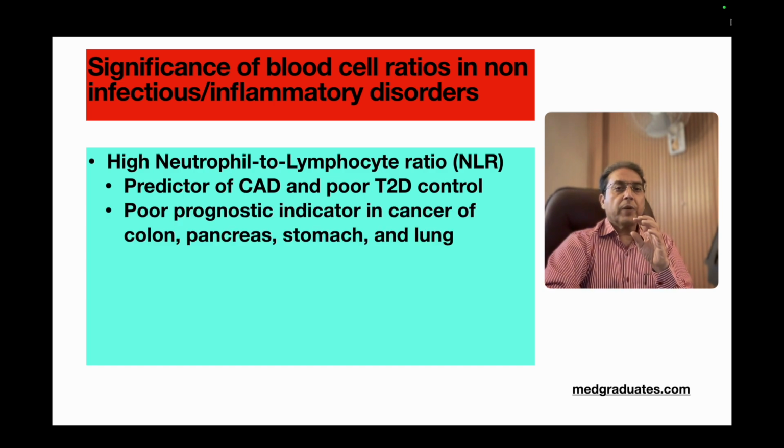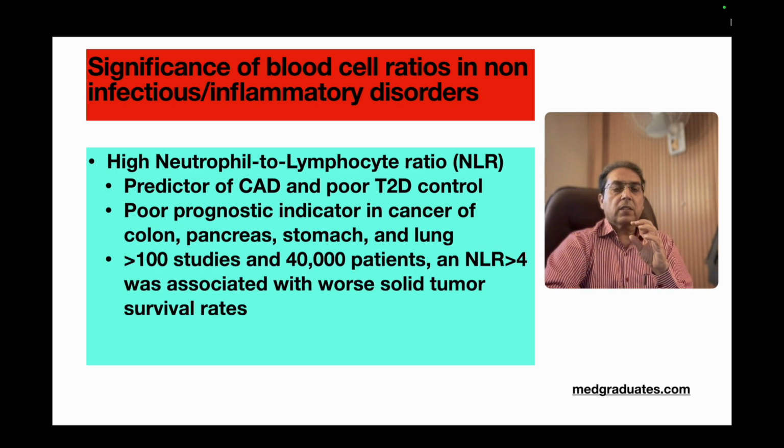Similarly, this high ratio may be a prognostic indicator in cancers of the colon, pancreas, stomach, and lung. In studies, an NLR of greater than 4 was associated with a worse solid tumor survival rate. So you see, these ratios can give us information about diseases other than the routine diseases for which we see the white cell counts.